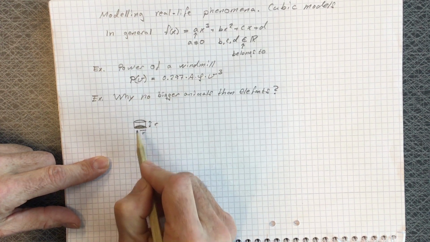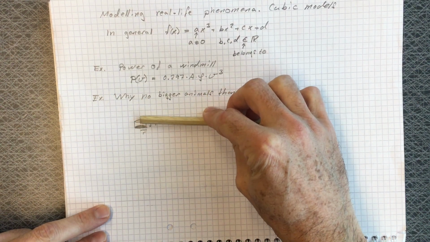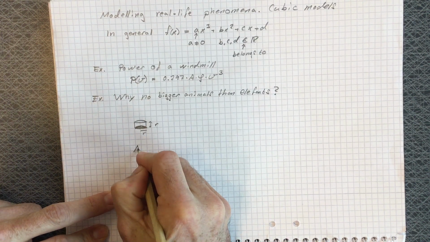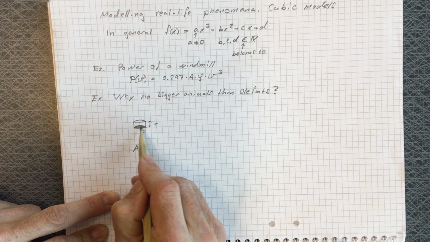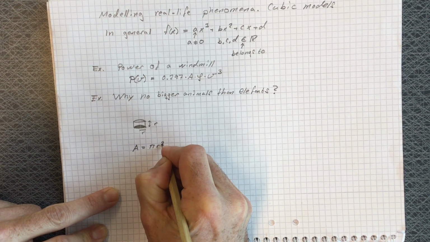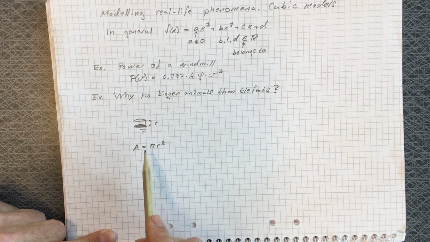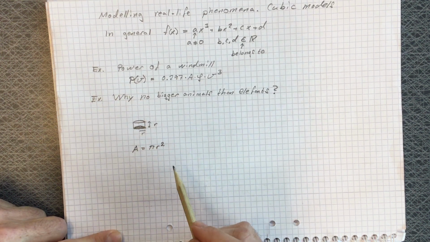Because the bigger the bone, the more mass it could take and hold up. So the area, it's a circle, you know. So the area of the circle is pi r squared. So the area tells us something about the strength of the bones and also, therefore, the strength of the animal.